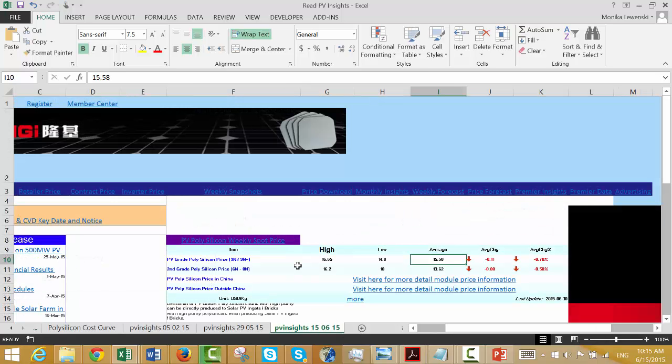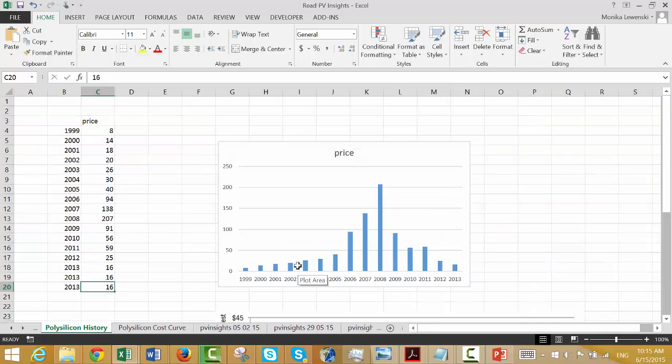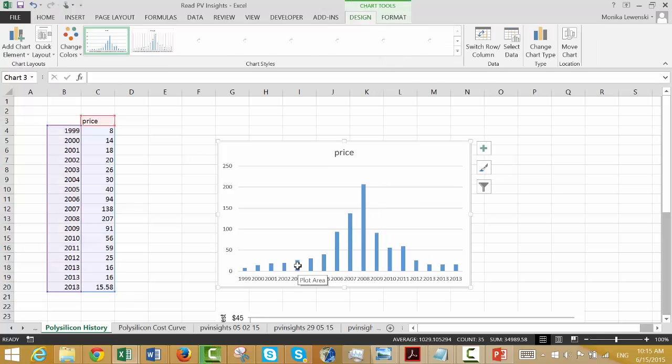15.5. Is that 15.58? Looks to me. Okay, and let's press alternate F1.